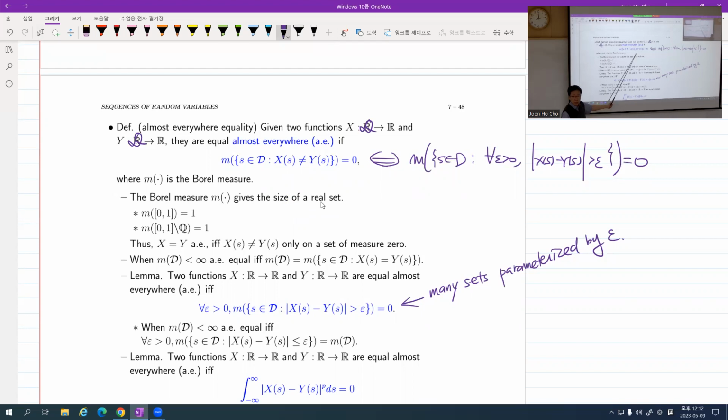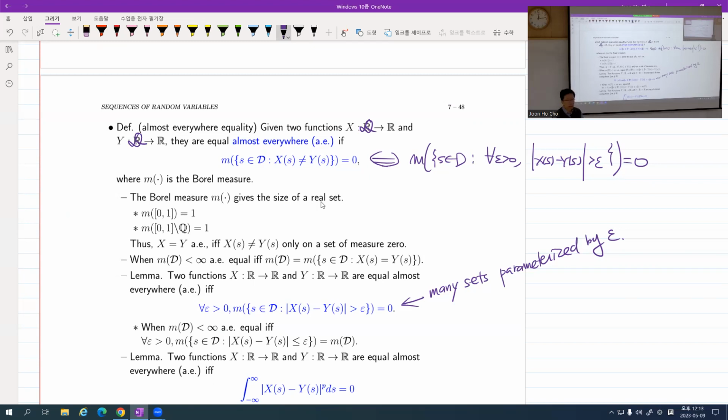However, this set evaluated by some strange function called m, the Lebesgue measure, if D is a subset of R, is 0. What does that mean?